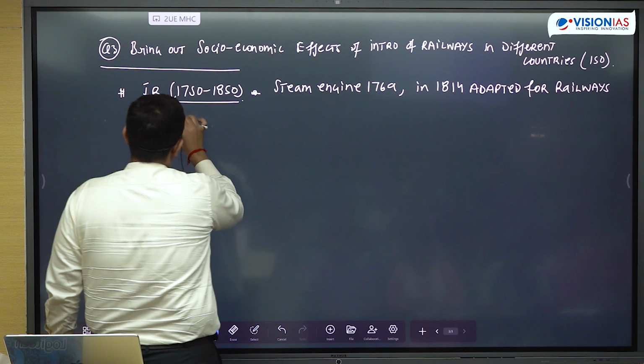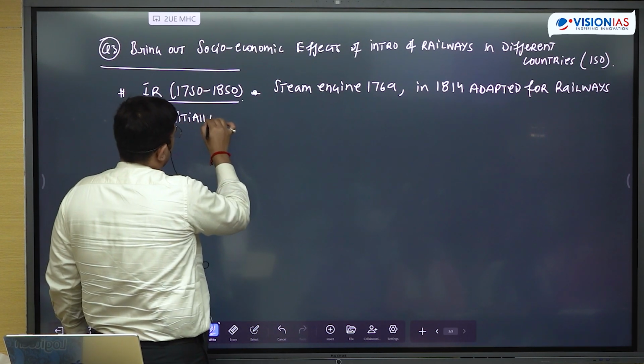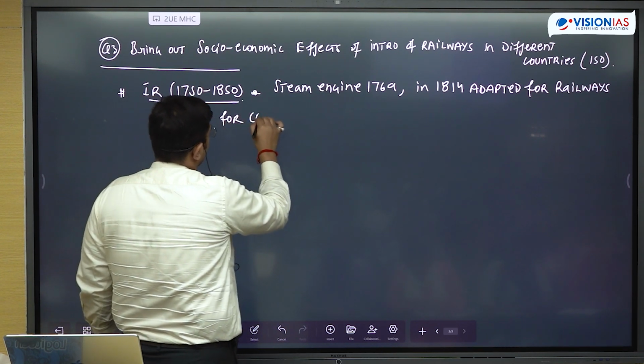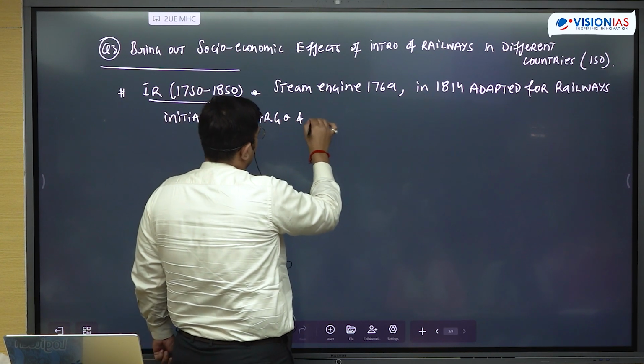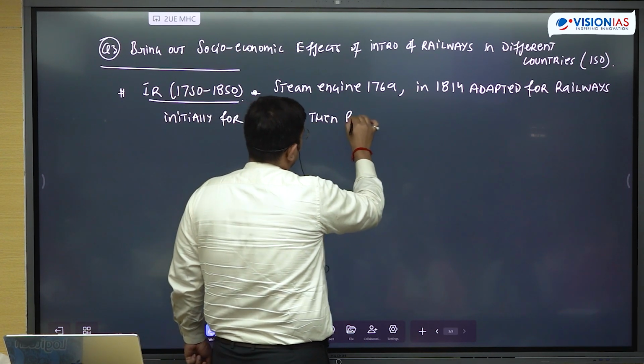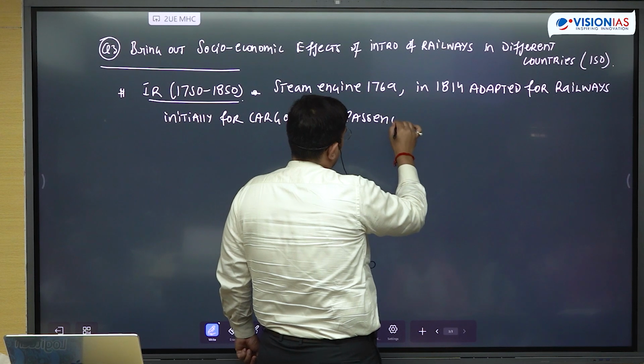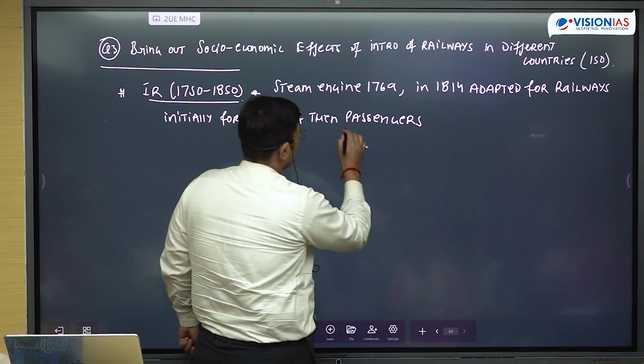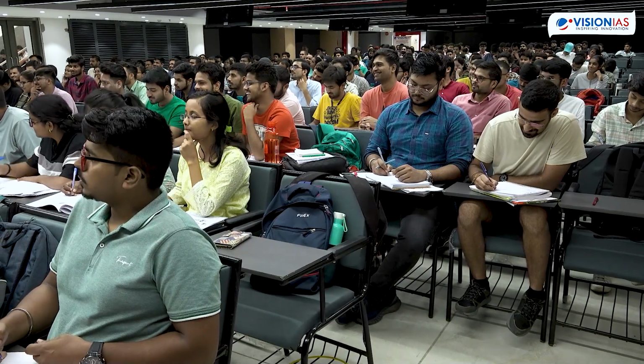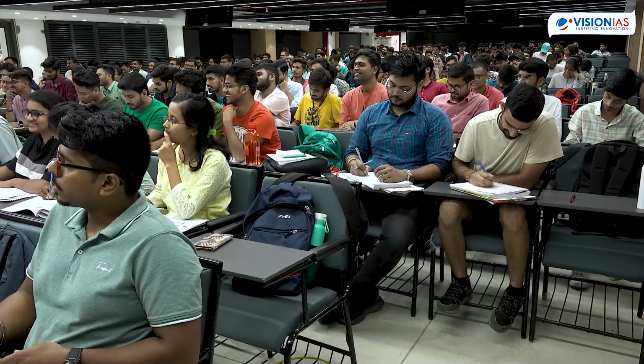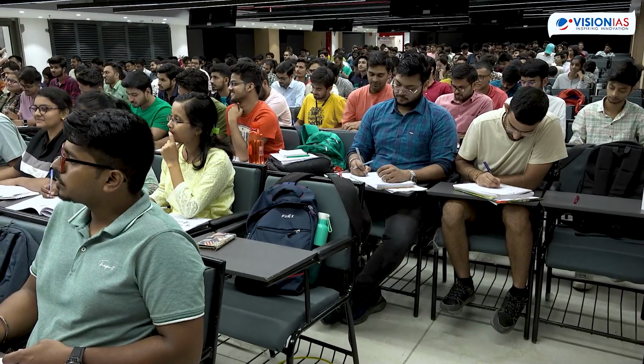Initially for cargo trains, and then for passenger trains. So see, passengers, it represents society. Cargo represents economy in a way, right?